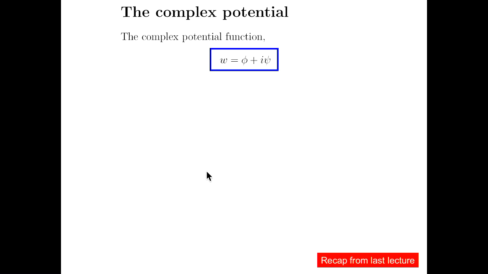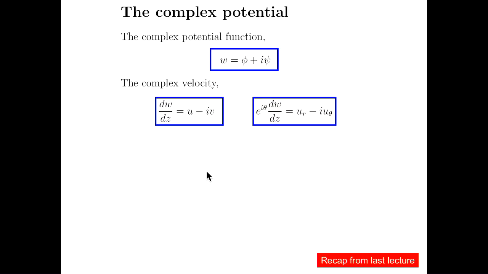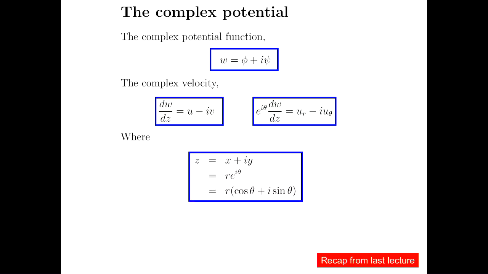Now, when we have our complex potential function, which is W equals phi plus i psi, we can very easily find our velocities u and v in Cartesian coordinates, which is the equation on the left here, and in cylindrical polar coordinates on the right-hand side, where e to the power of i theta times dW/dz is going to give you u_r minus i u_theta. Okay? You should know that z is a complex number, x plus i y, and I can express that as a complex exponent, r e to the power of i theta.